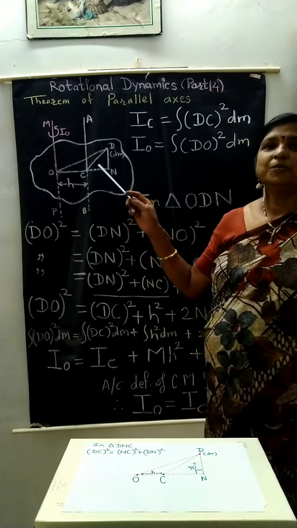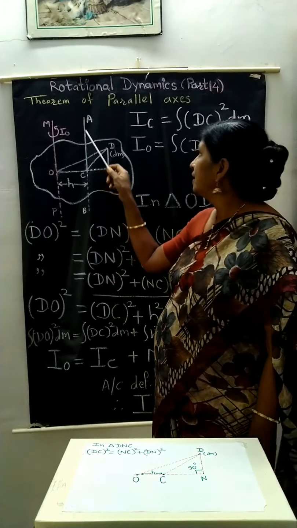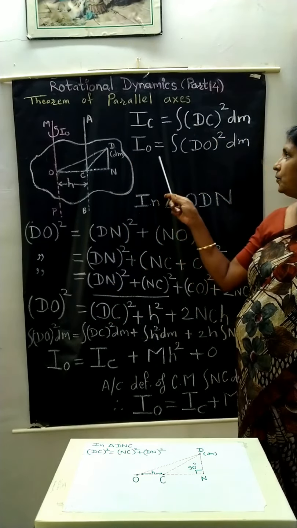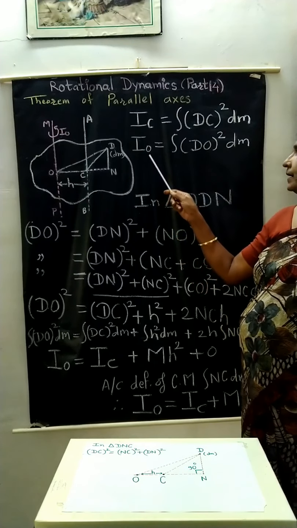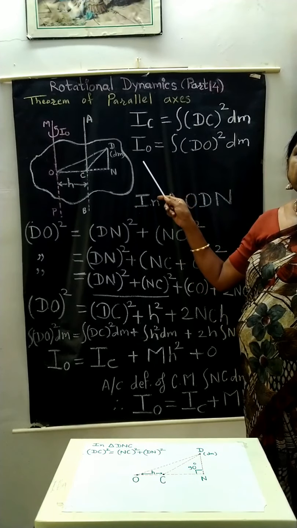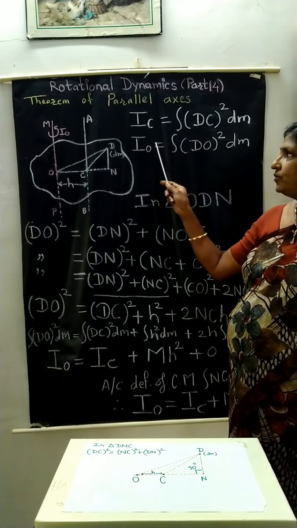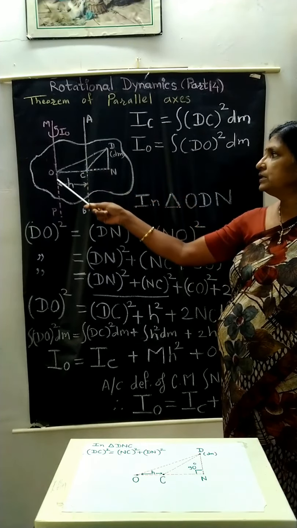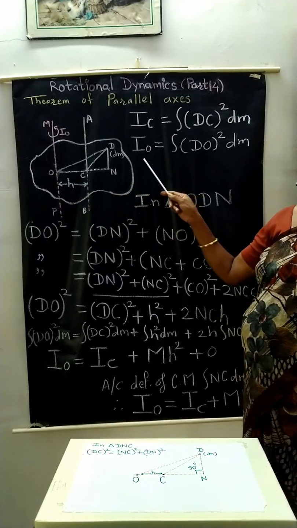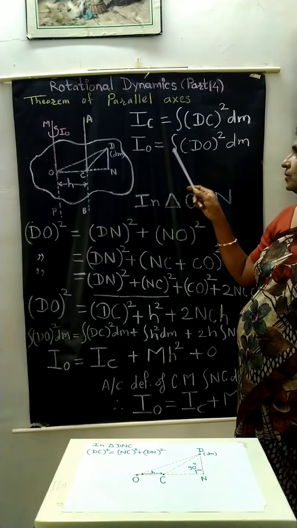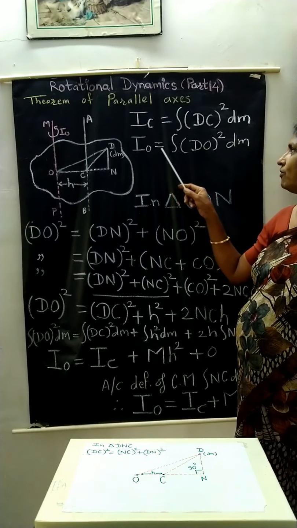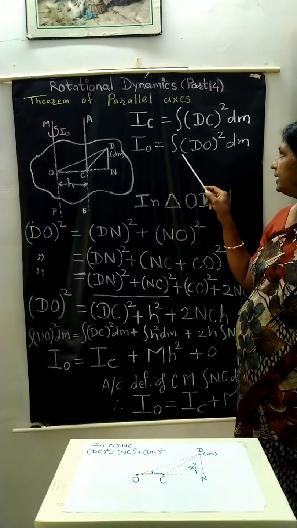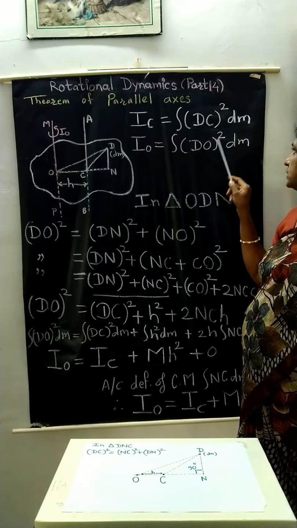In order to prove this theorem, we have to find the value of IO, that is the moment of inertia of an object about an axis passing through this point O. And by definition of moment of inertia, it is equal to the integral of dO square dm.